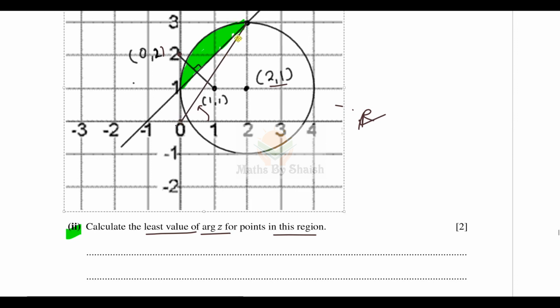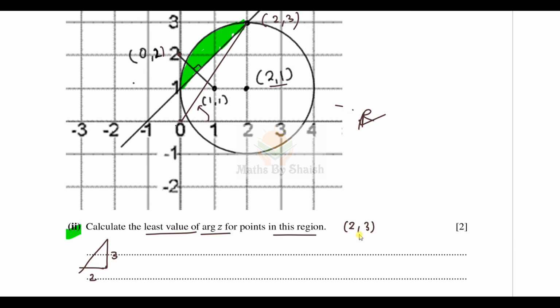Now we can see the perpendicular and base in it. This distance is 2, this distance is 3, because this point is actually 2, 3.